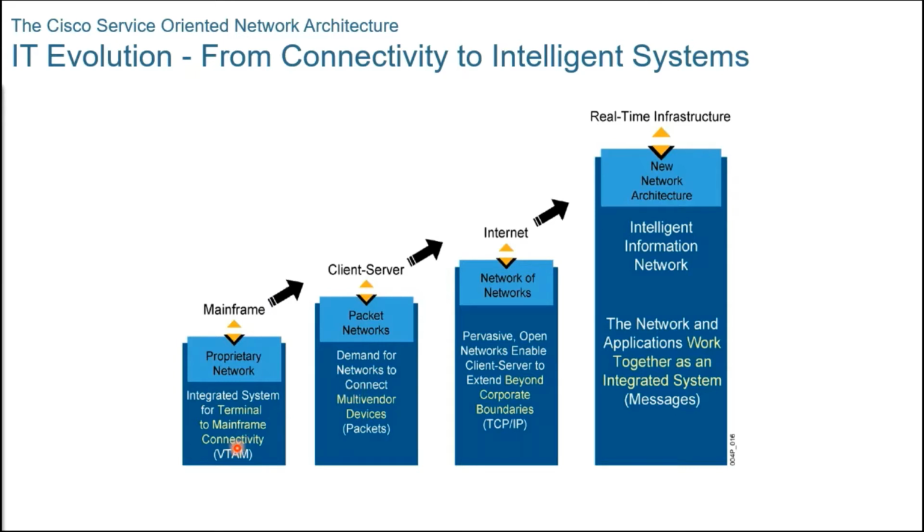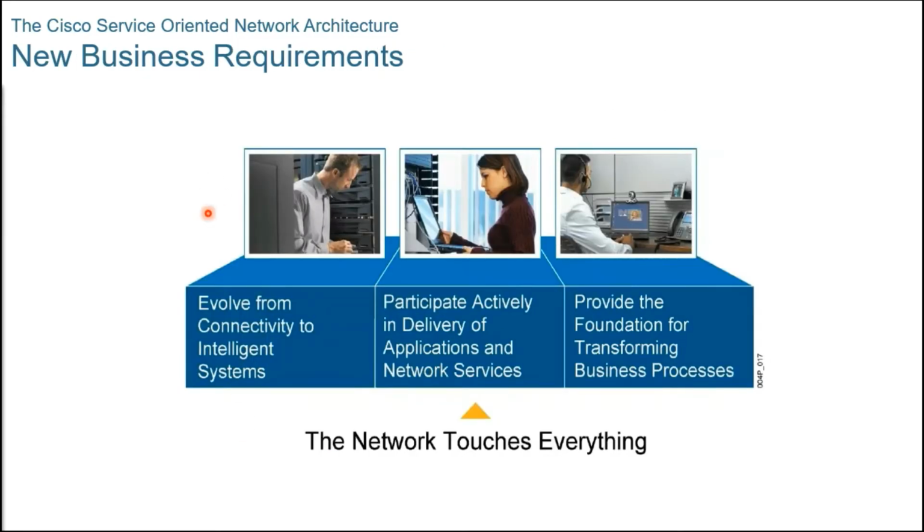An effective network provides the foundation for transforming business practices. New business requirement: the network touches everything, evolving from connectivity to intelligent systems, participating actively in the delivery of applications and network services, and providing the foundation for transforming business processes.